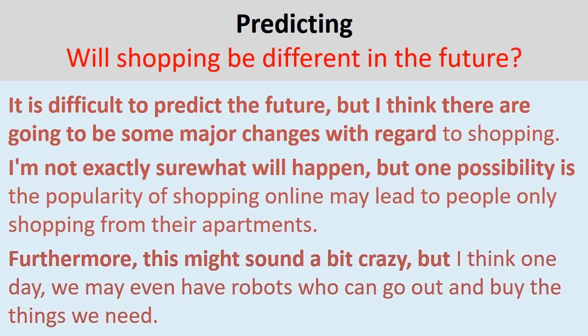This second point is a little less likely to happen, so we use some slightly different language for this one. Furthermore, this might sound a bit crazy, but I think one day we may even have robots who can go out and buy the things we need.